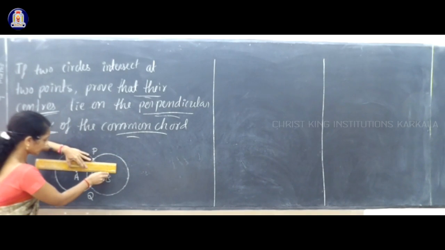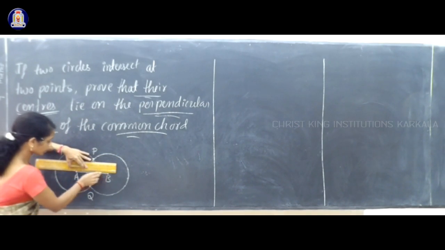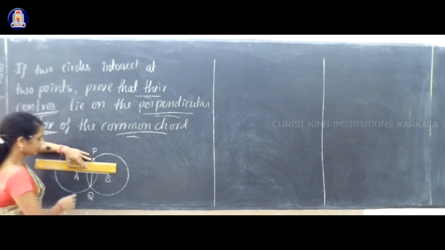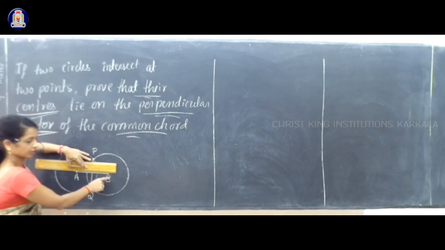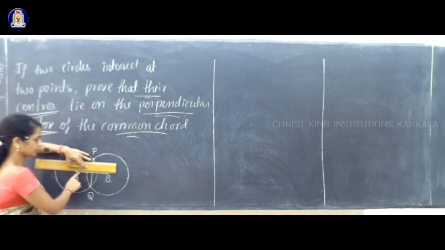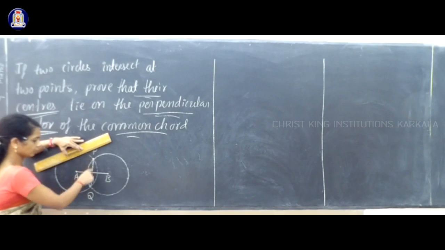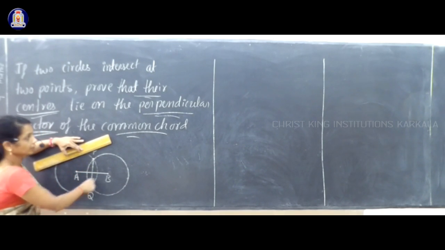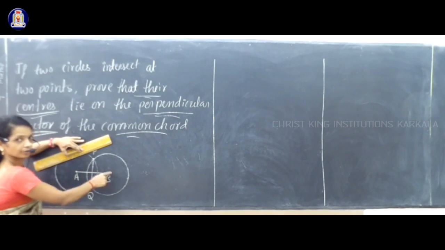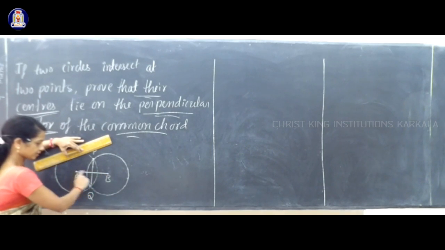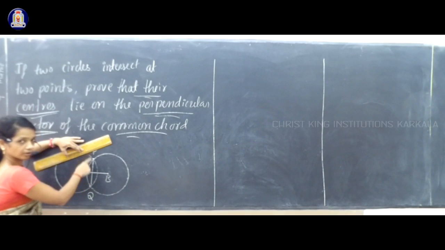So you join A and B. In the figure you can see that points A and B, the centers of these two circles, lie on this line. If you prove this line is the perpendicular bisector of PQ, then that automatically proves that their centers lie on the perpendicular bisector of the common chord PQ.